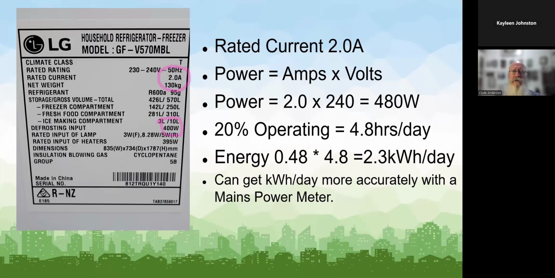So that refrigerator would be using something like 2.3 kilowatt hours a day. As I said, it's intermittent. I've guessed the 20%, maybe more, maybe less, obviously more in warmer weather, less in cooler weather, but it gives you an idea of how much energy that refrigerator uses. A mains power meter will give you that number precisely.